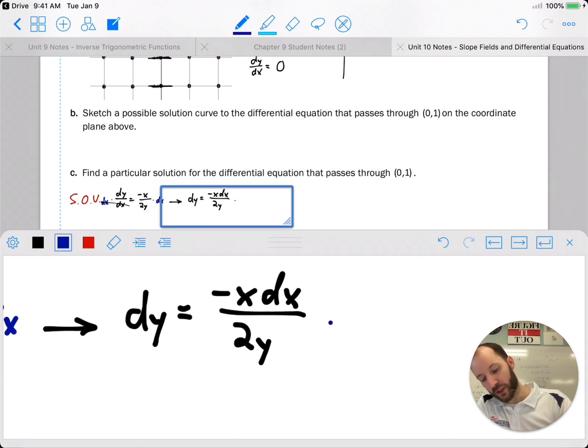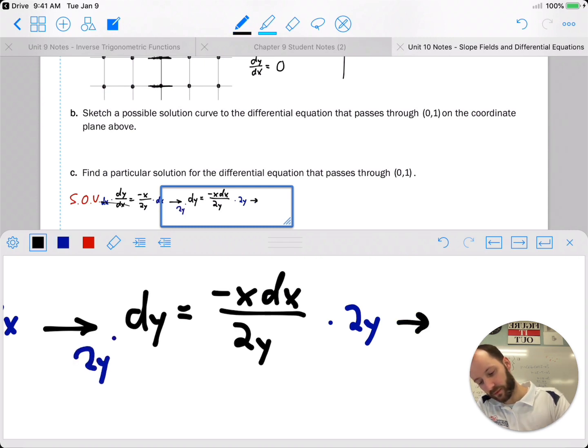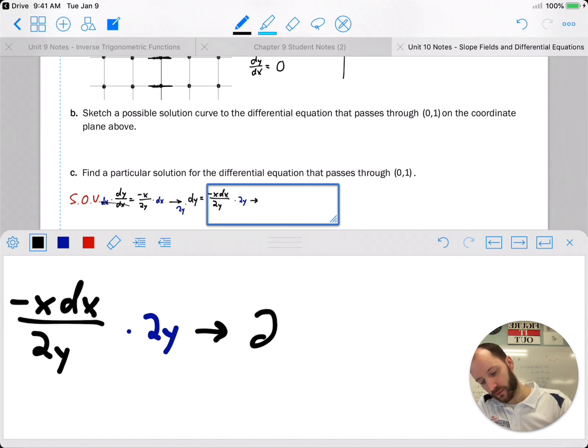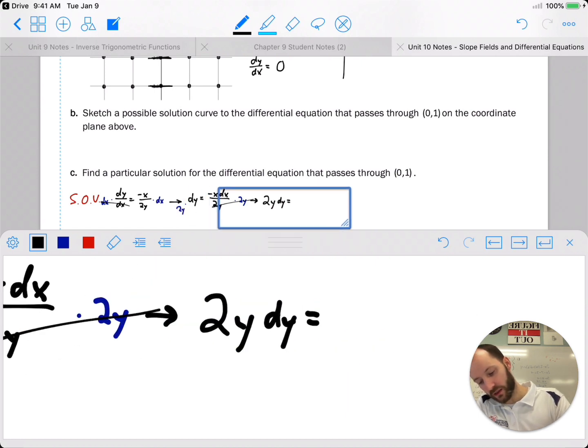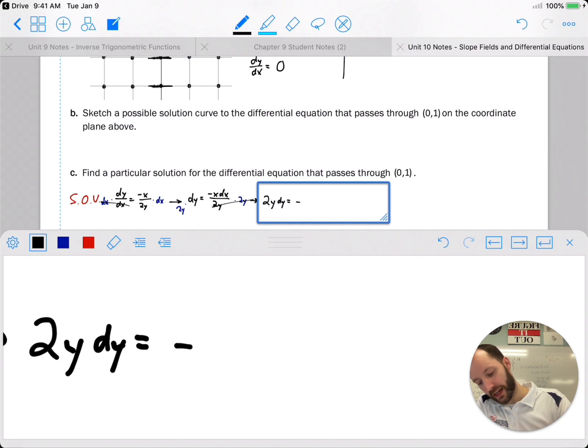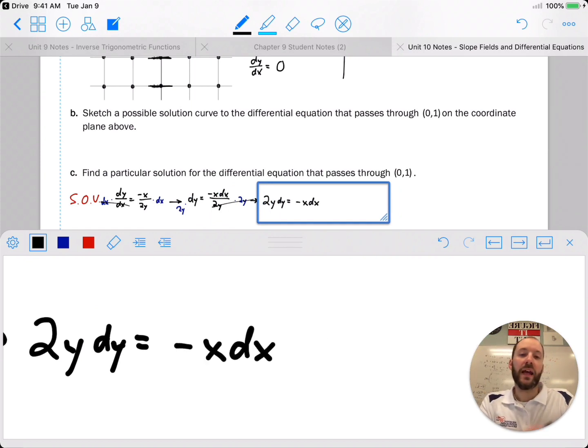Now multiply both sides by 2y. So you have 2y dy equals, those cancel, negative x dx. And now you do your anti-differentiation.